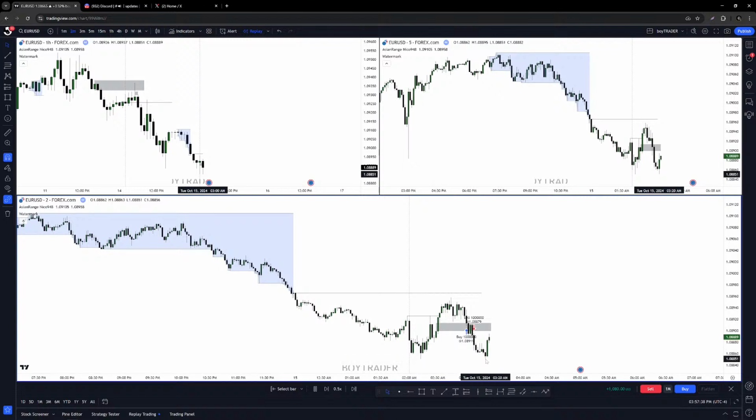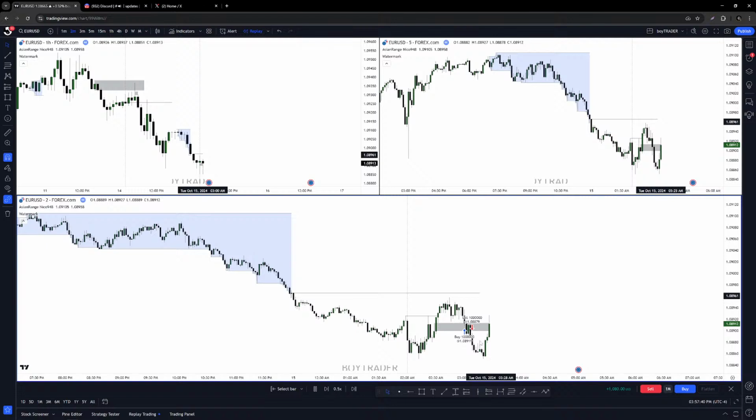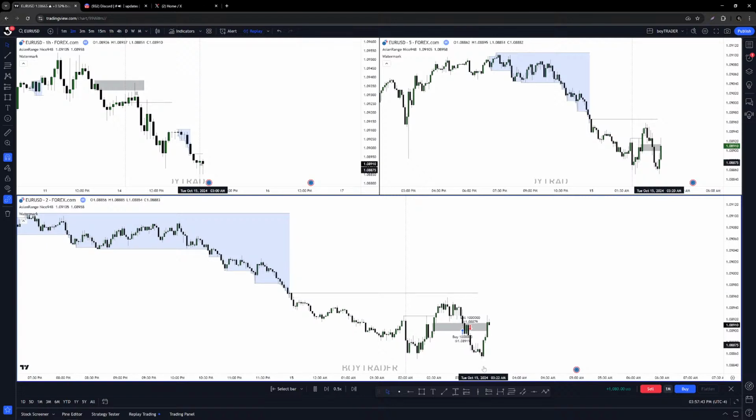Now we push higher. There's a shift in market structure here, and there's another fair value gap. Let me take this one off. This is why you should always have a stop.